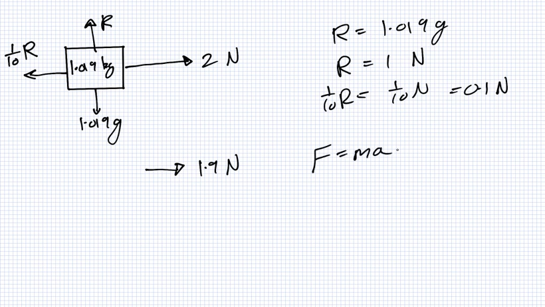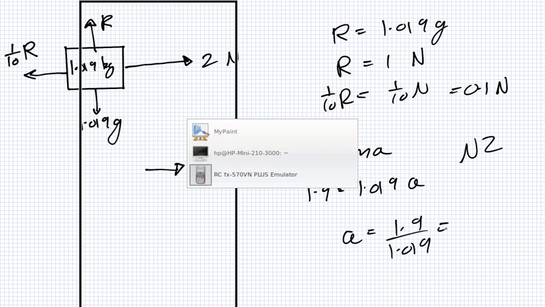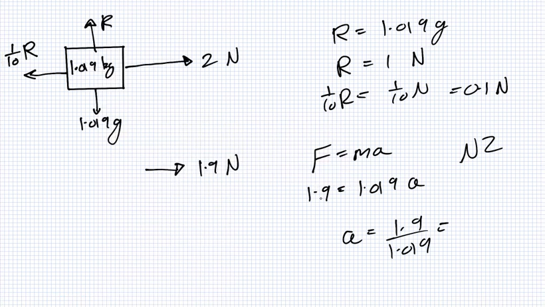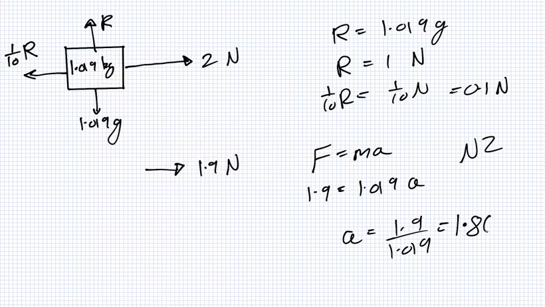From Newton's second law, F equals ma, we get 1.9 equals 1.019 A, so A is 1.9 divided by 1.019, which is 1.865 meters per second squared. That's part A.